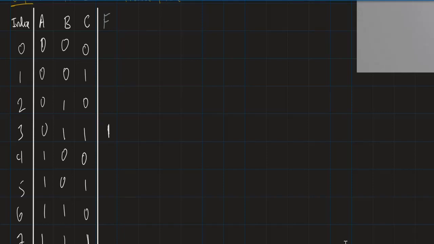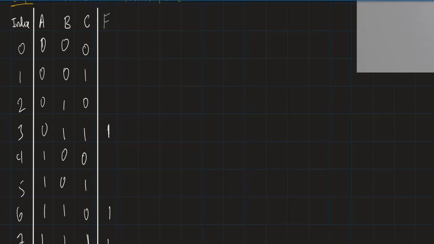Here I don't have adjacent people, here I don't, here I don't, here I have an alarm, and in this case I also have no alarm. In this case I have no alarm, in this case I have an alarm, and in this case I have an alarm. So these are the 3 possible outputs for which I want to write the min terms.